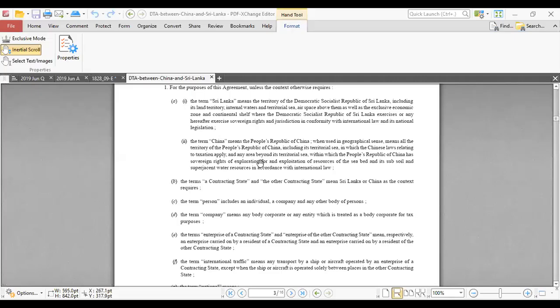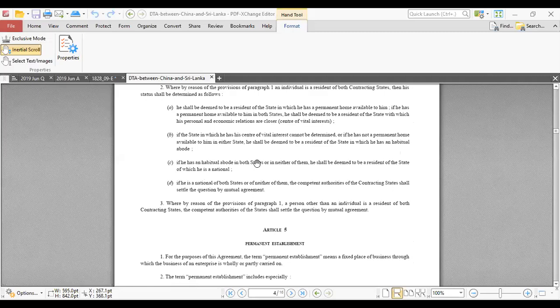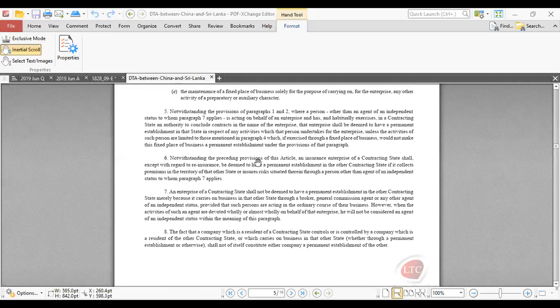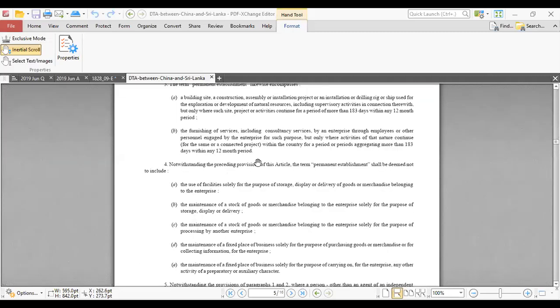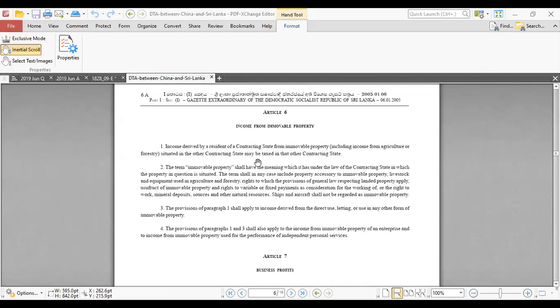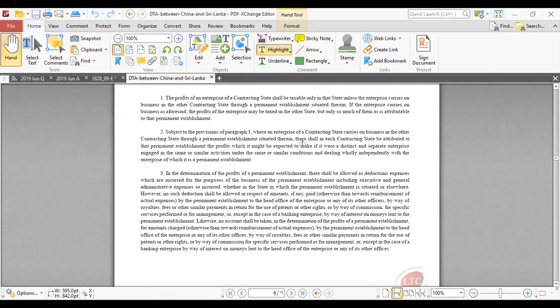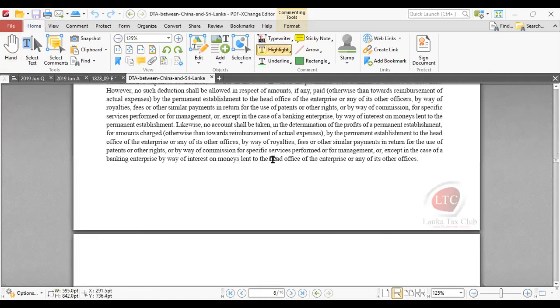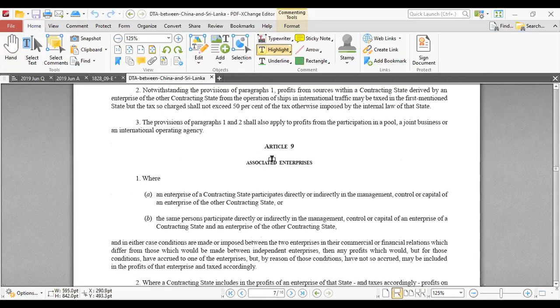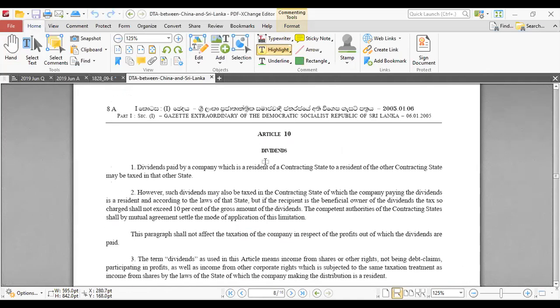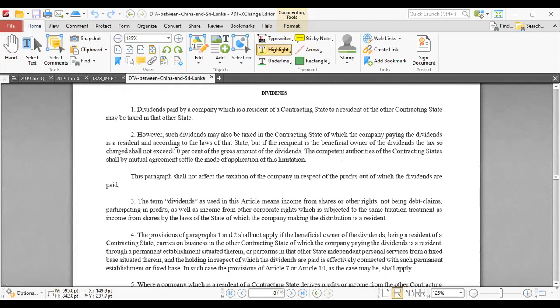If you can refer to this, the China DTA, the double tax avoidance agreement between Sri Lanka and China. Here, you can see business profit, all the articles same. There are minor changes, right? Then the dividend is 10%.